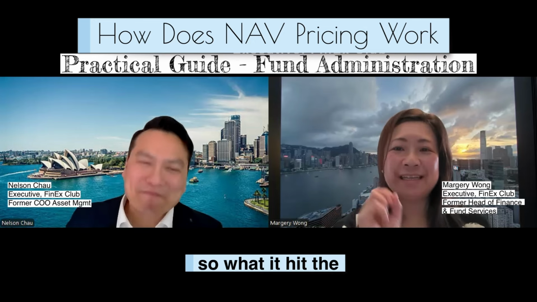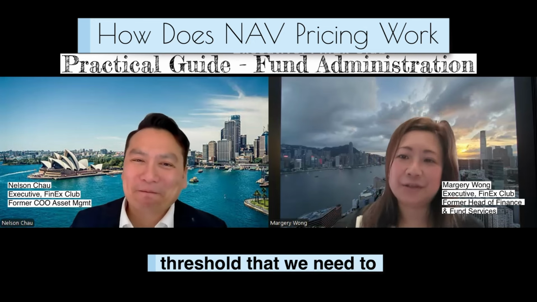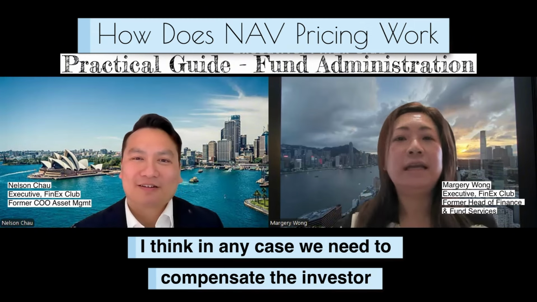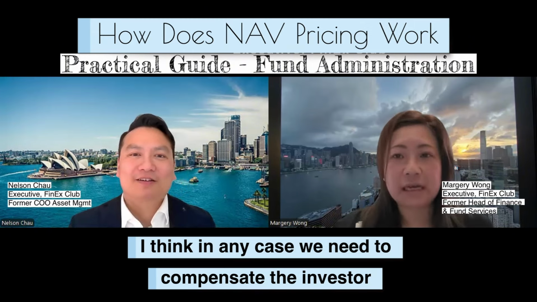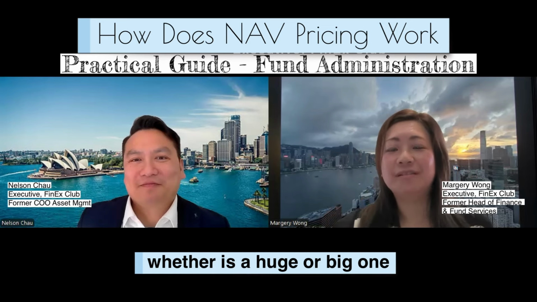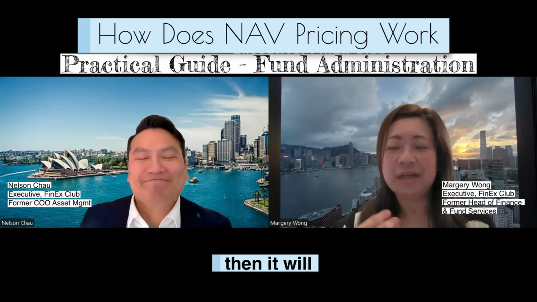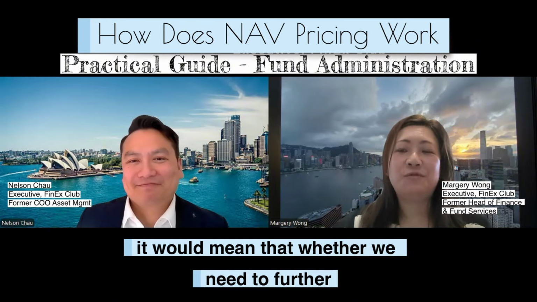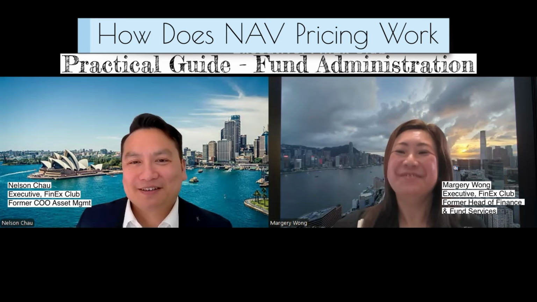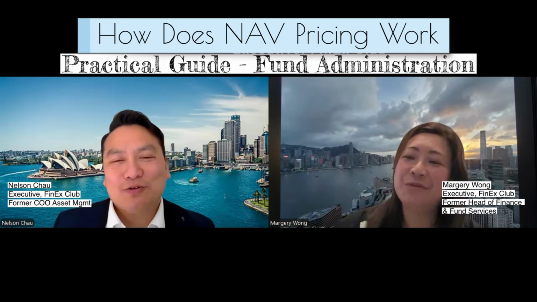So what hits the threshold that we need to do a lot today in the compensation part? I think in any case, we need to compensate the investor. Yeah. The thing is, whether it's a huge or big one will mean whether we need to further escalate to the regulator, which we don't want to. If it's a small one, then we might not need to.